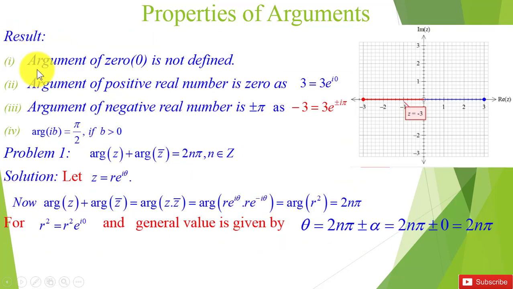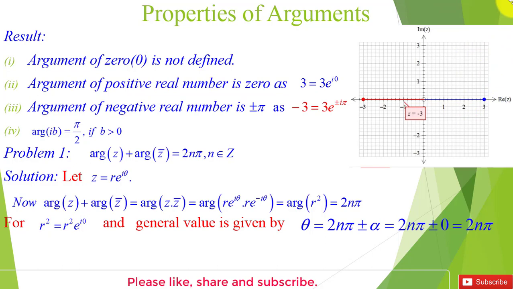Result. Argument of 0 is not defined. Argument of positive real number is 0, as 3 is equal to 3 times e raised to the power i0. Here the blue line represents z is equal to 3, whose real part is equal to 3 and imaginary part 0.